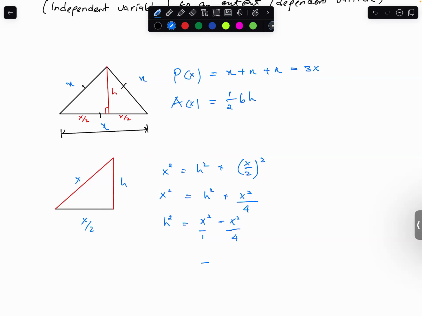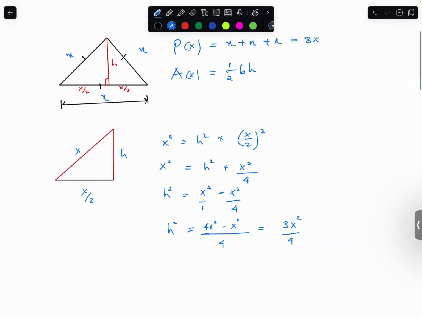If we take the LCM, 1 times 4 is 4, so we have 4x squared minus x squared, over 4. This equals h squared, and can be written as 3x squared over 4, because 4x squared minus x squared is 3x squared.